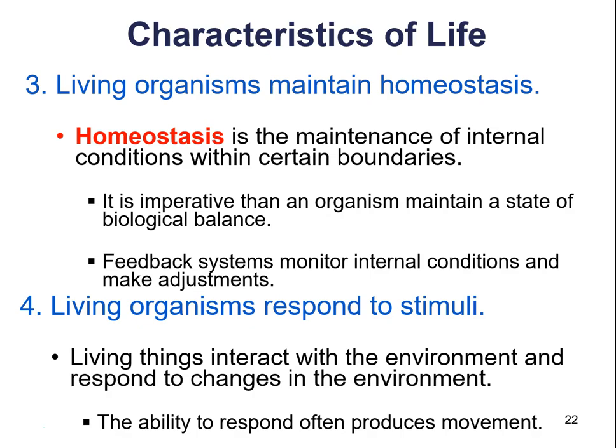Okay. It says here, feedback systems monitor internal conditions and make adjustments. Again, if we're talking about maintaining body temperature or maintaining a hormone level, you can think about sensors that detect there's a change from homeostasis, right? Either a level is too high or too low. And then there are mechanisms that will be activated or initiated to bring those levels back to where they should be.